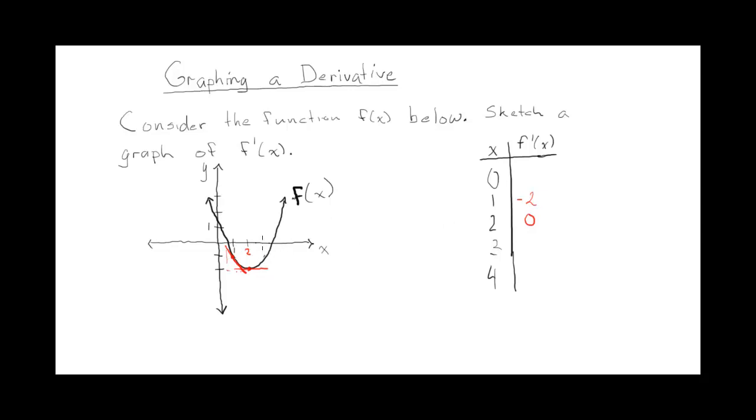How about on the other side, at this point over here, 3? Again, I'll draw the tangent, something like that, and I'm trying to estimate the slope of this line. Rise over run: it goes up faster than it runs. So again, let's say it's about 2. Now at 4, this point here, it's steeper than it was at 3.